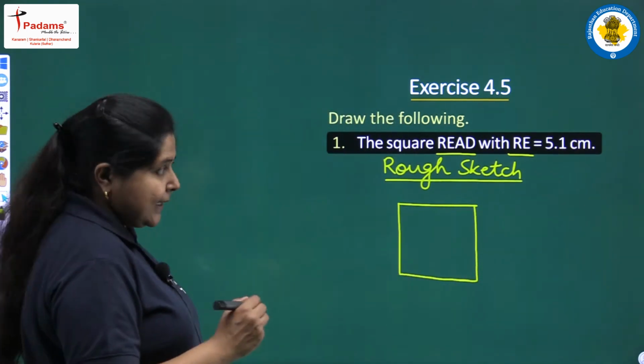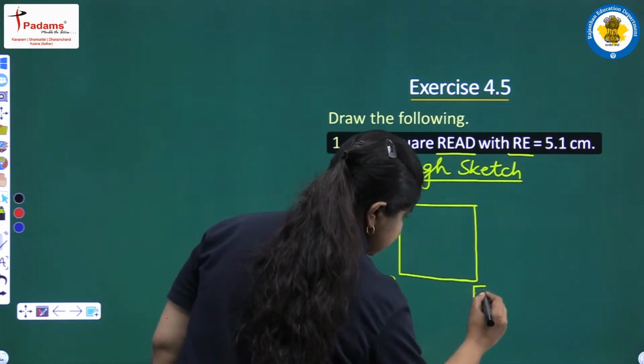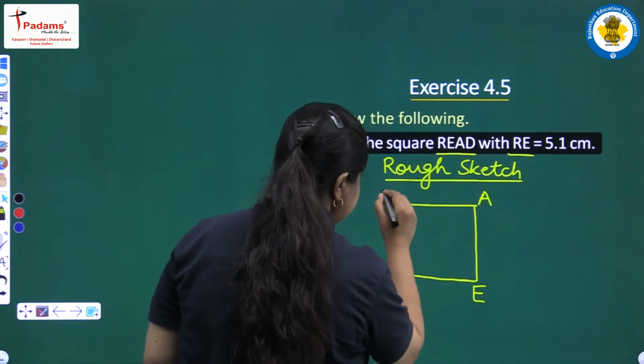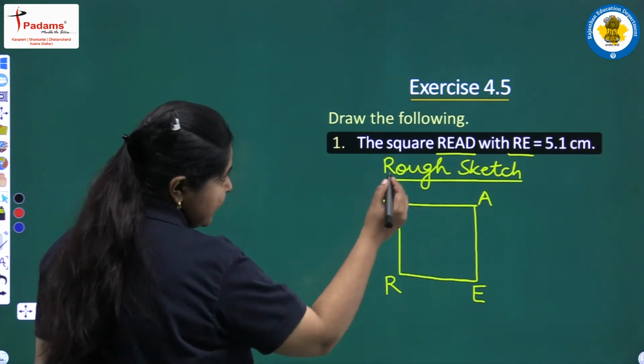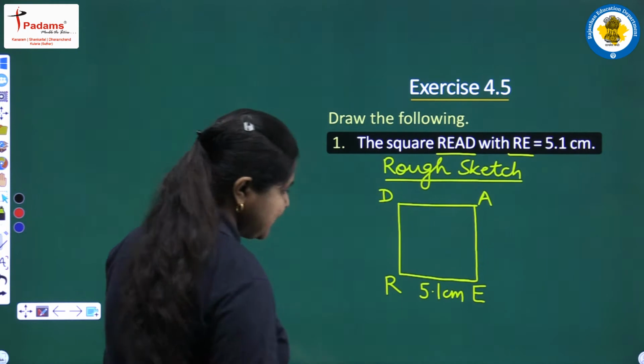In this way, let us name it as READ as given in the question, and we have been given this side RE equal to 5.1 centimeter.